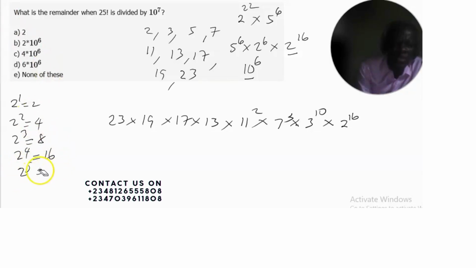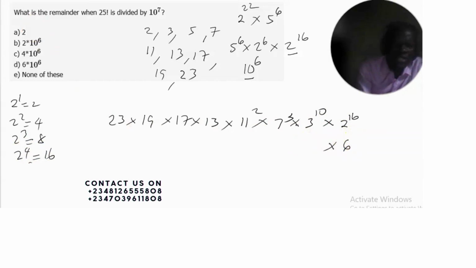So it will continue on the pattern of 4. The pattern will repeat after 4 cycles. So 16 is a multiple of 4, so the unit digit of 2 raised to power 16 is 6.